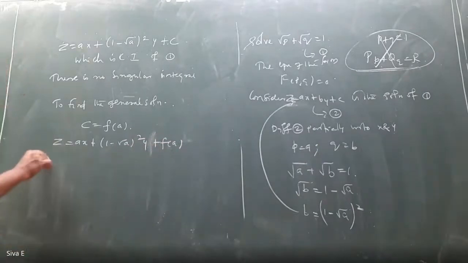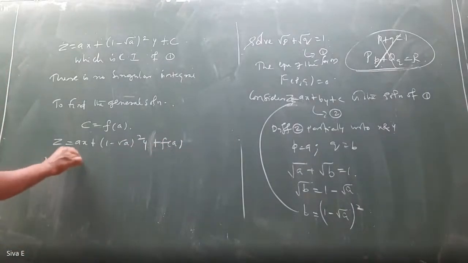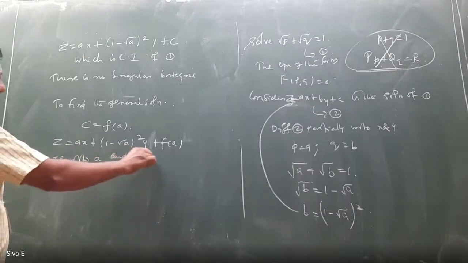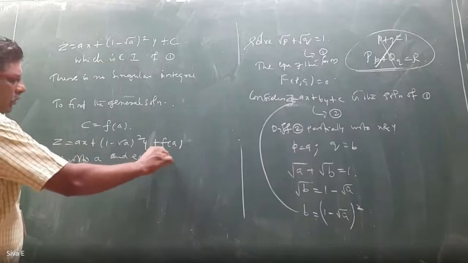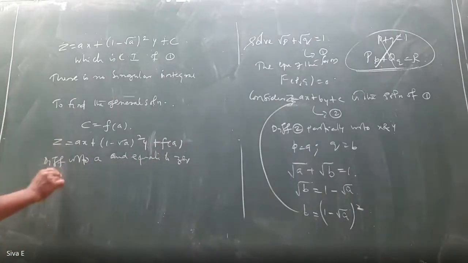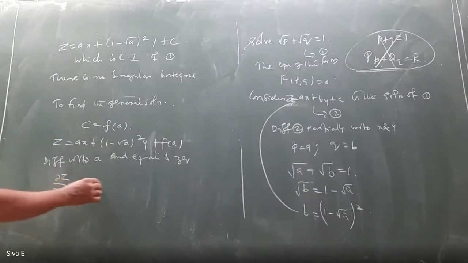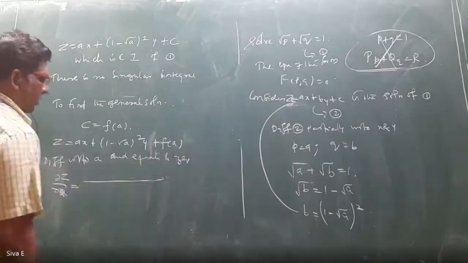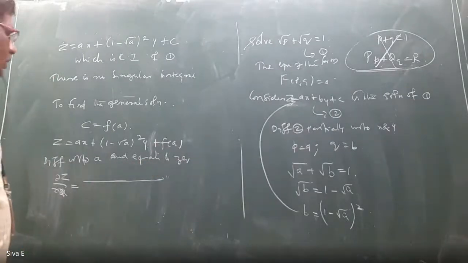This is equation number 4. Then differentiate with respect to a and equate to 0.